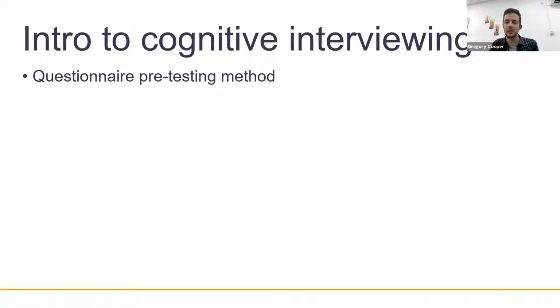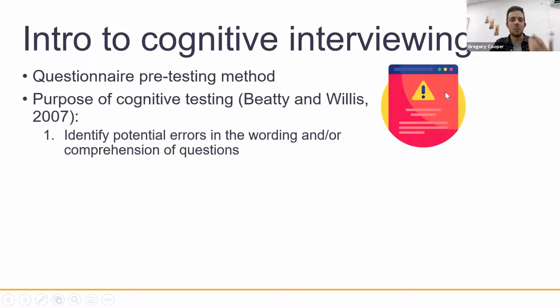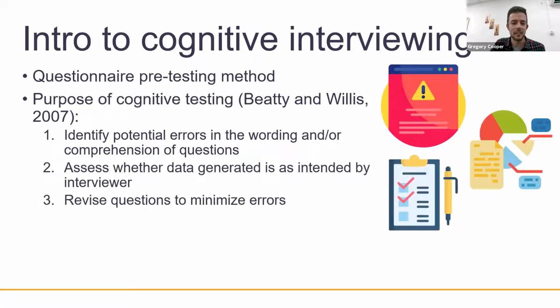So let's just go over again, what is cognitive interviewing? And really, as I've just said, there are 3 main aims. The first is to identify potential errors which we have made in the wording and the actual comprehension of the question. The next is to evaluate whether the data generated is as intended by the interviewer.